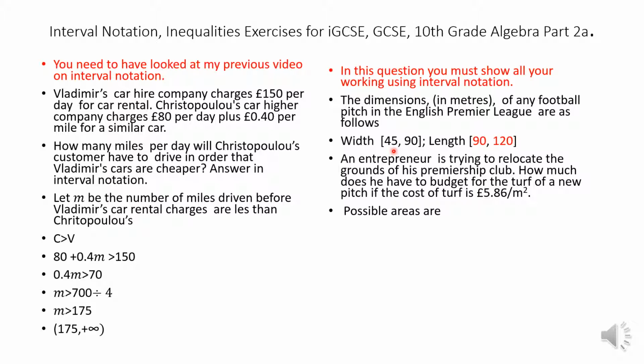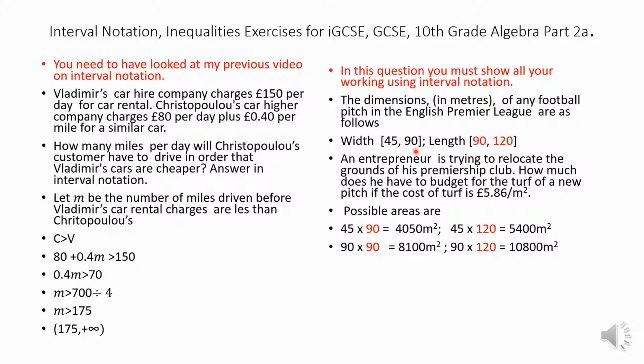So firstly, we need to work out the possible areas. So I can do 45 times 90, or I can do 45 times 120, or I could do 90 times 90, or 90 times 120, in meters squared.